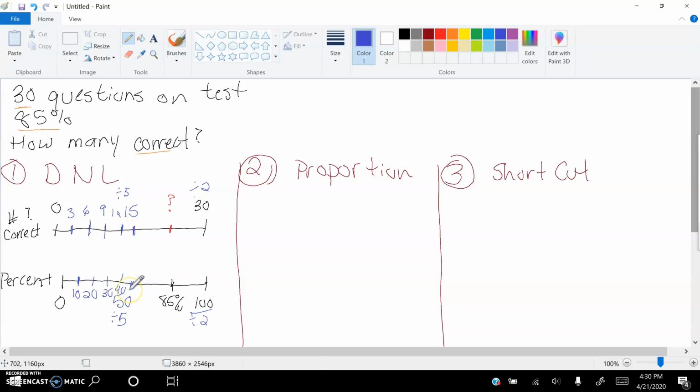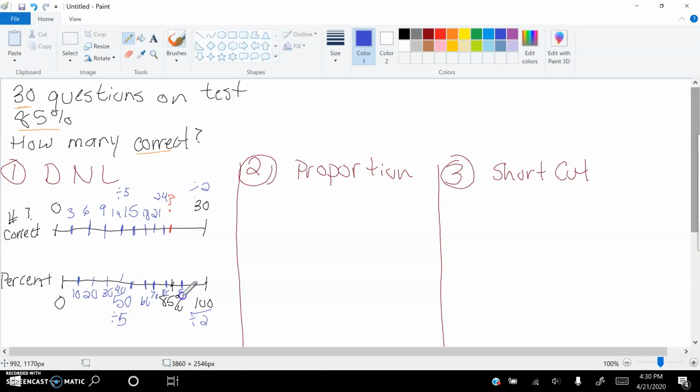So we said 15 would be 50%. So we'll go up another 3 questions and another 10%. So 60% would be 18. 70% would be 21. 80% would be 24.